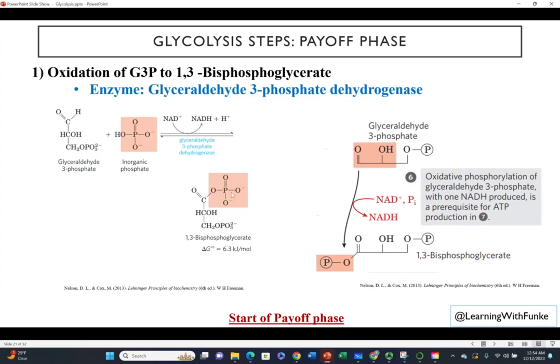So we see here that G3P reacts with an inorganic phosphate. You have to understand this isn't ATP, it's just reacting with an inorganic phosphate here. And the reaction mechanism is always shown on the right. It's a more zoomed in version. So we start with an inorganic phosphate, and we also end up reducing NAD+ to NADH. And this is catalyzed by G3P dehydrogenase. And so we end up forming 1,3-bisphosphoglycerate.